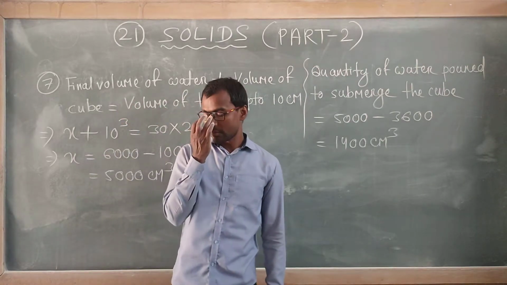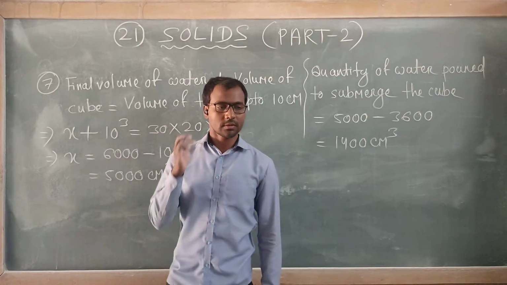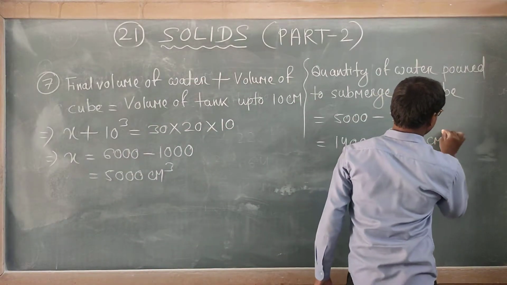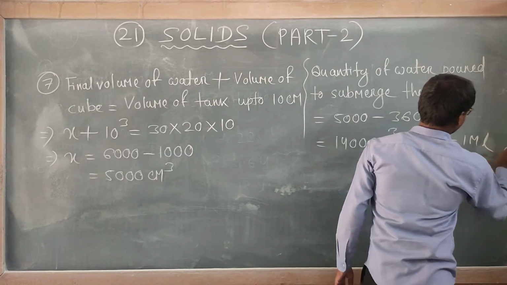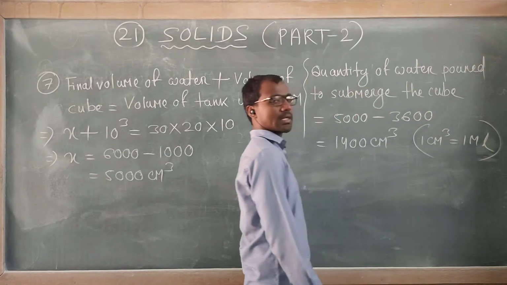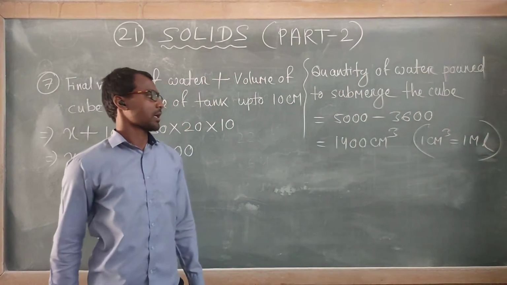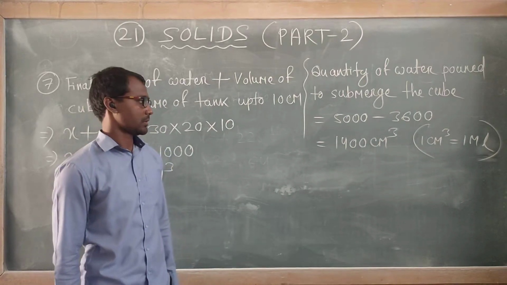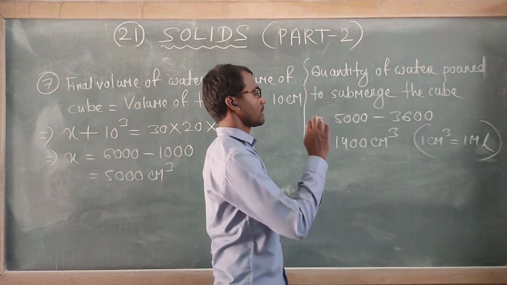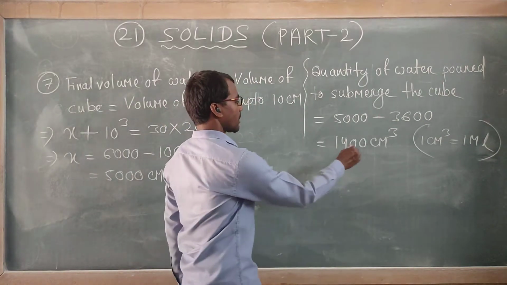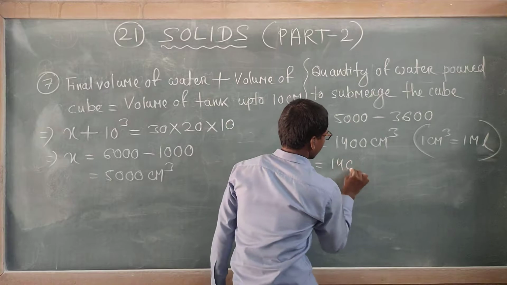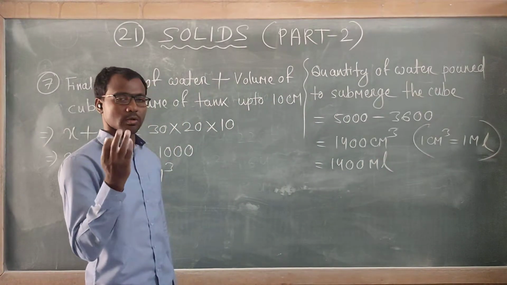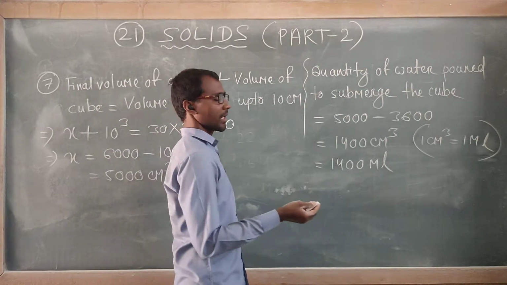Now we have been asked to give the extra quantity of water in liters. Remember 1 cubic cm is equal to 1 ml. Remember this for water, 1 cubic cm is equal to 1 ml at standard temperature and pressure, STP physics. So 1400 cubic cm is equal to 1400 ml. Same thing, ml and cubic cm same. And ml can be converted to liter.